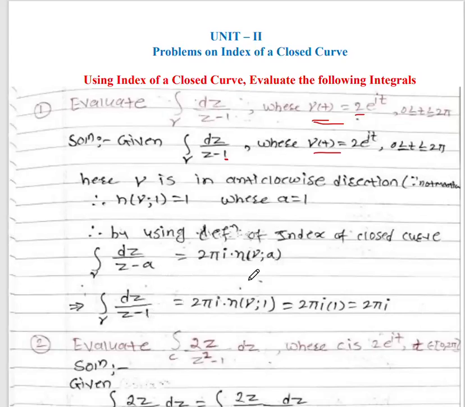So you will get the integral over gamma dz upon z minus a equals 2 pi i times 1, that is 2 pi i. Therefore the value of this integral is 2 pi i. So this is a simple example on the index of a closed curve.